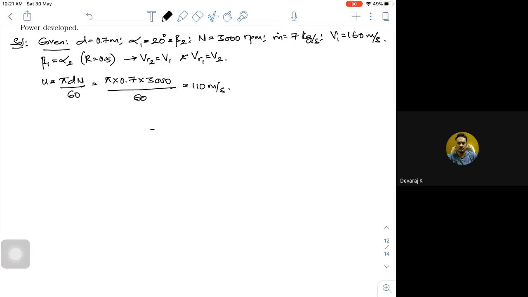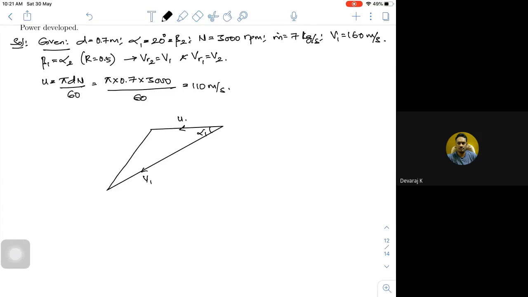If I go with my trigonometric principles itself, let me draw this U. Actually, this is my U, which is 110 meters per second, and from this point I have to draw my V1. So, this is my V1, and alpha 1 is equal to 20 degrees.